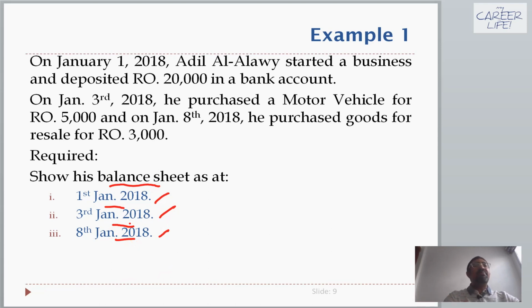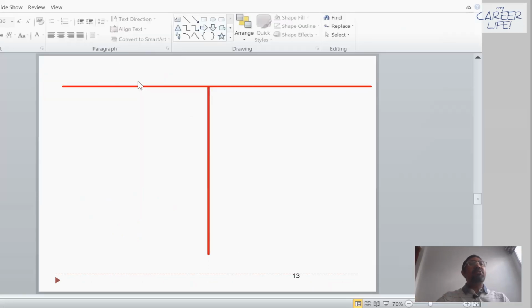To solve this problem, you need to draw a T format balance sheet. So we write the name of the business, and the name of the proprietor, Adil Al-Alawi.